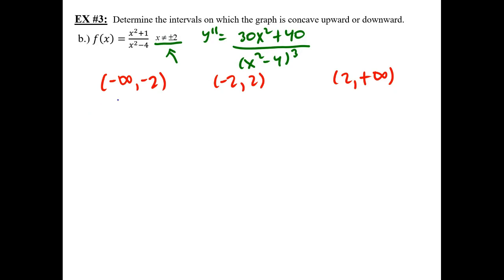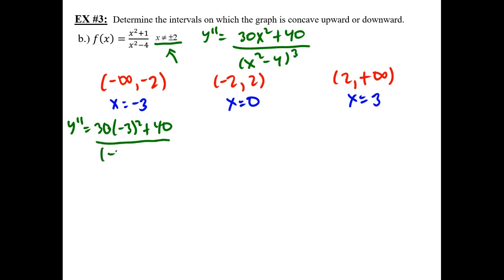Okay, so magbigay ng number. x is equal to negative 3, x is equal to 0, and x is equal to 3. Okay, so ilagay nyo lang siya sa ating second derivative function. So y double prime is equal to 30 times negative 3 squared plus 40 all over negative 3 squared minus 4 cubed.